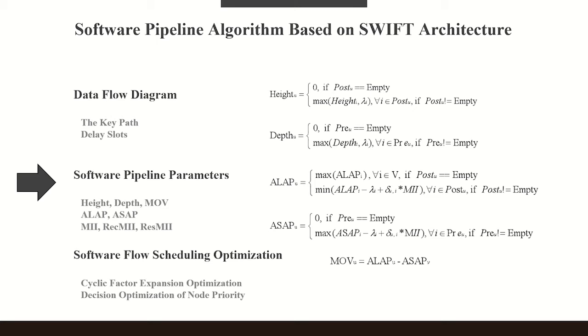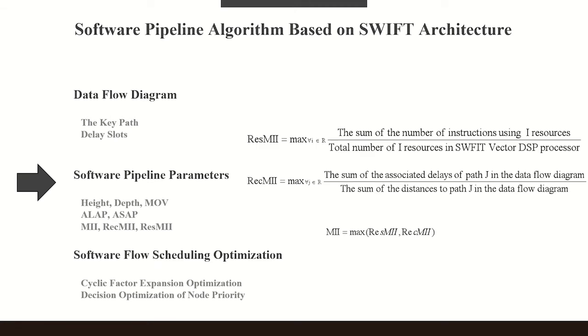ALAP stands for the latest cycles in which the instruction can be placed. ASAP represents the earliest cycles in which instructions can be placed. MII refers to the number of start-up interval cycles between two consecutive iterations in software pipelining, and the MII is divided into resource-limited minimal start-up interval and data-dependent minimal start-up interval.